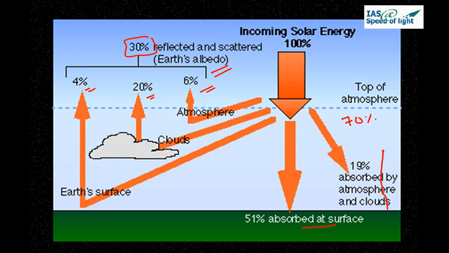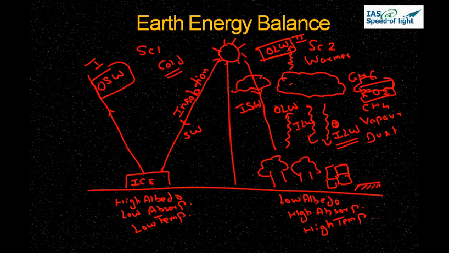Then we talked about the two scenarios to discuss the Earth energy balance, how Earth is able to manage, like why it is not so cold or so hot. We saw the first scenario as the cold version, where we have high albedo substances like ice, and we see outgoing short waves.